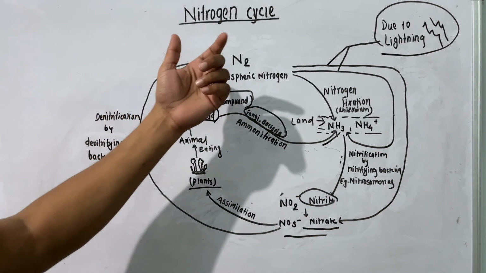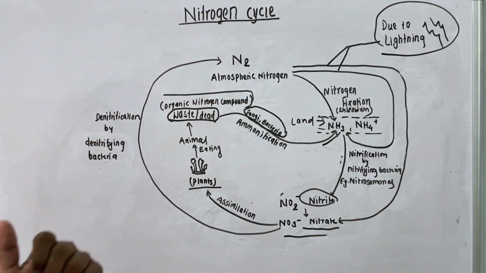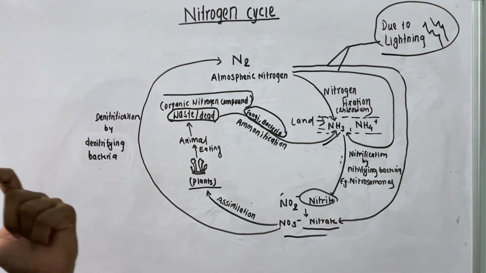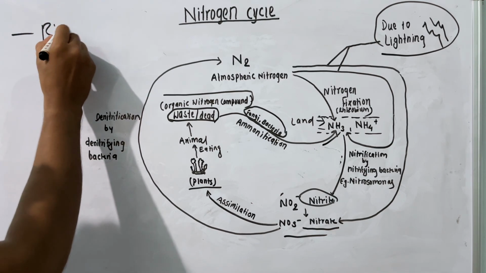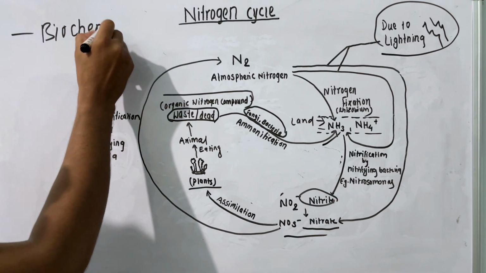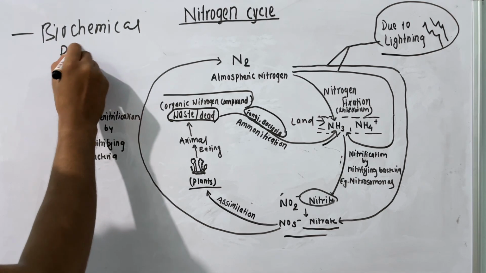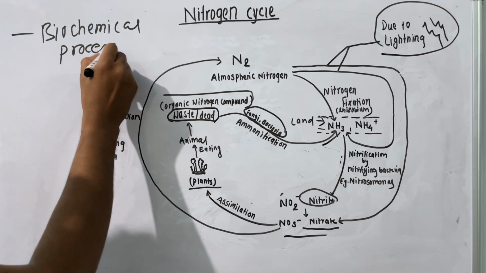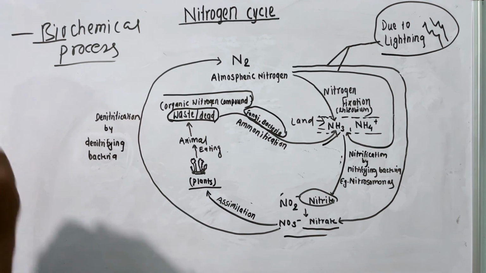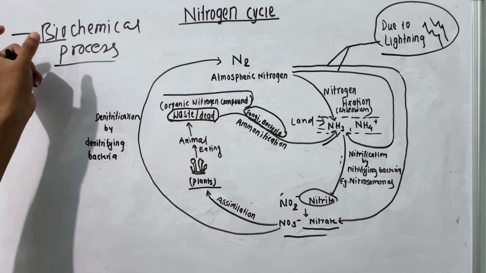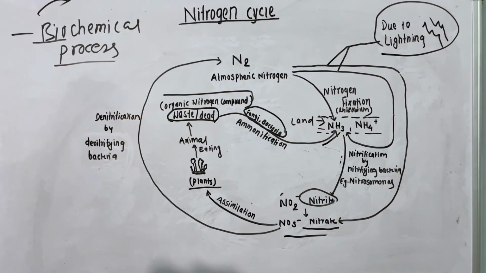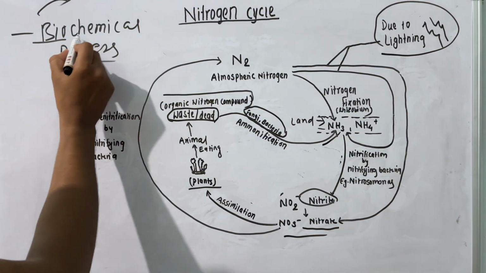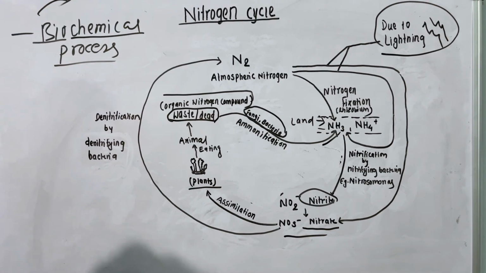So what is the nitrogen cycle? Basically, the nitrogen cycle is a biochemical process. Biochemical process means there is the involvement of living organisms or biological agents, and the other part is the chemical process occurring during the whole process.